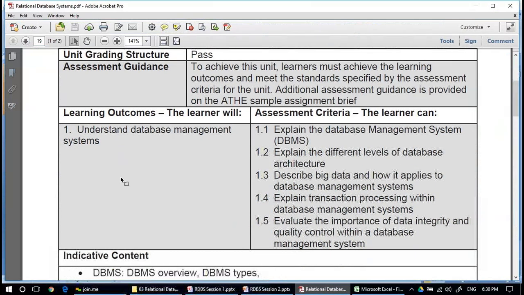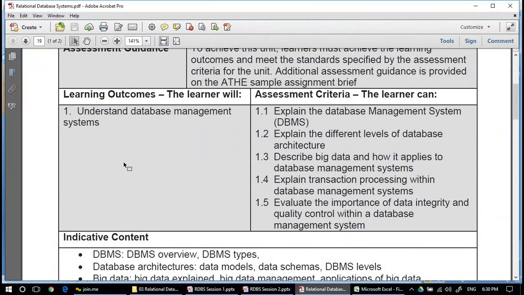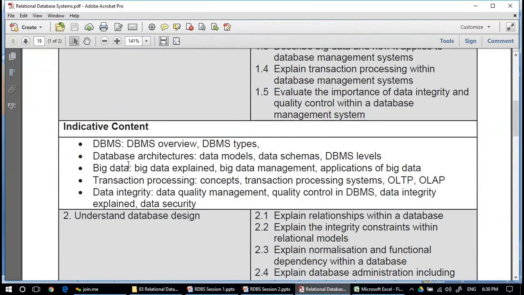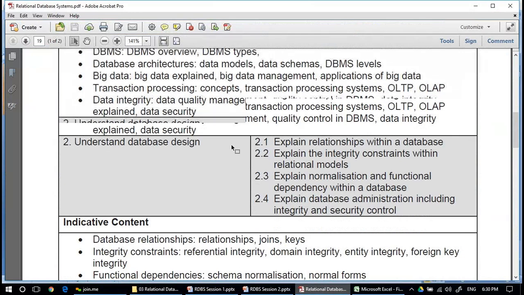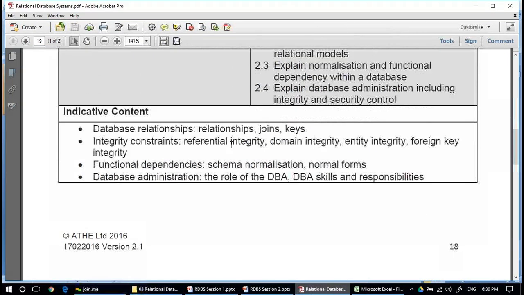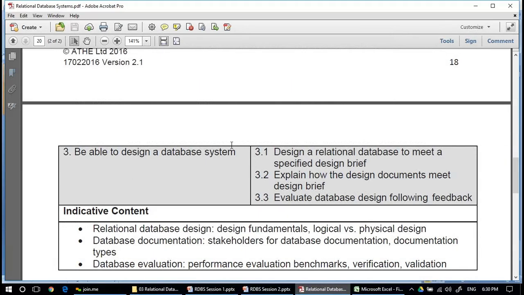LO1, understanding the database management system, we did last time, and half of it we did today. After a while, I will be doing understanding database design for the next 30 minutes, and in the next hour I will be doing the third learning outcome, being able to design a database system.